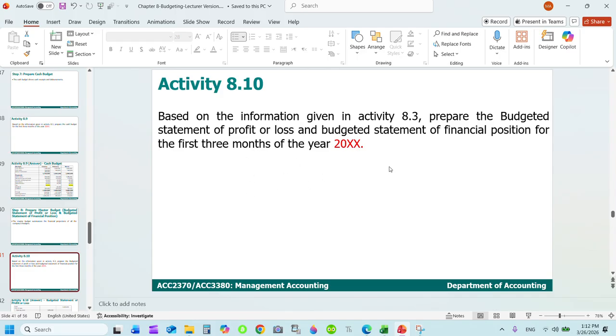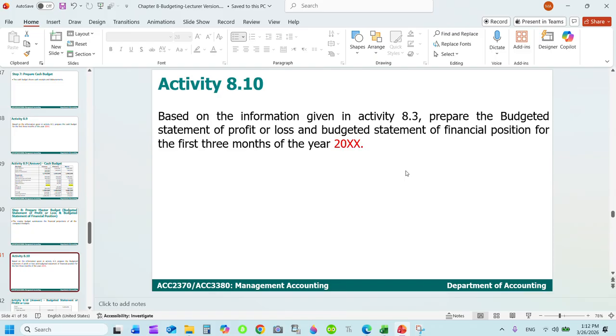By using these answers and information, you are required to prepare the balance sheet and the P&L, right? It's up to you to do it. Okay, that's it. So I will stop this recording and I will upload another recording for standard costing, right?